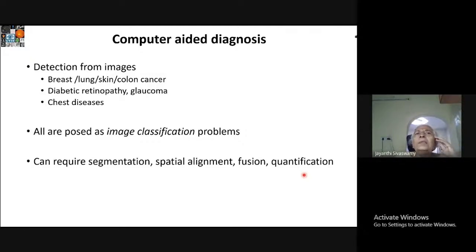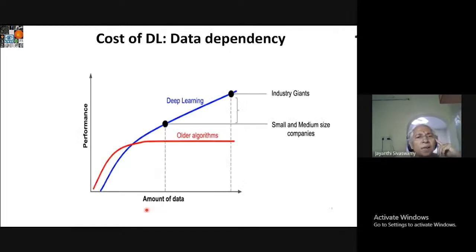Well, the cost of deep learning CAD is basically lots of data. In the old machine learning, which is this red graph, you have a plateauing of performance after some amount of data. You keep increasing the data, but the performance does not increase.